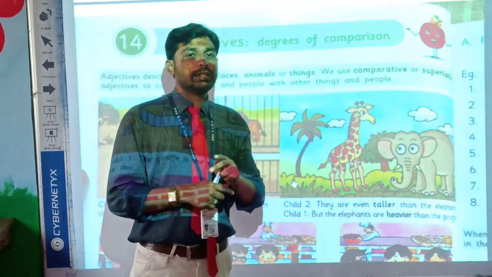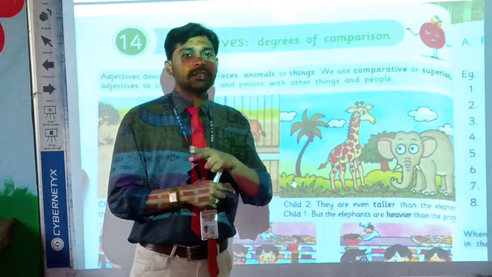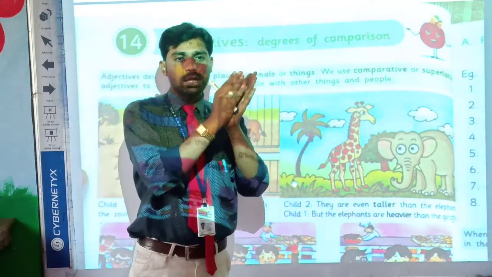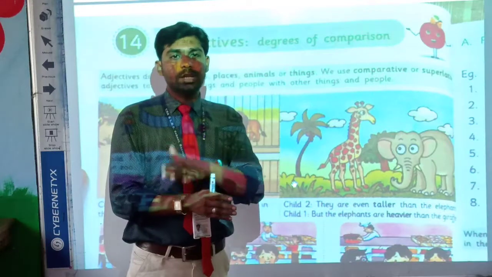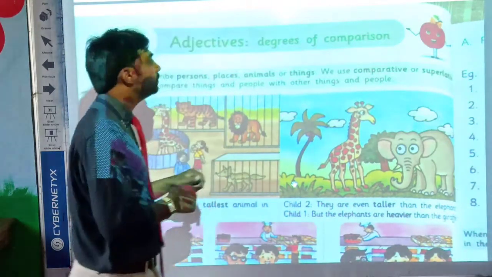Example: the mango tree is taller than the lemon tree. So we are comparing here the mango tree with the lemon tree. The mango tree is taller than the lemon tree. So we use this adjective, tall, here.